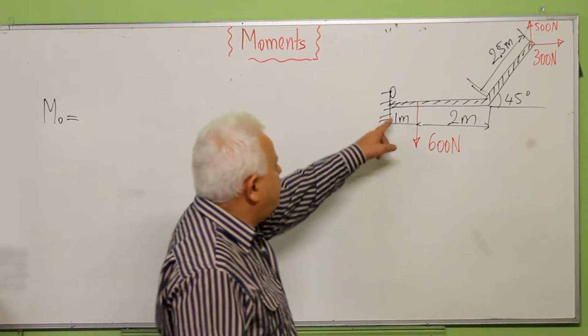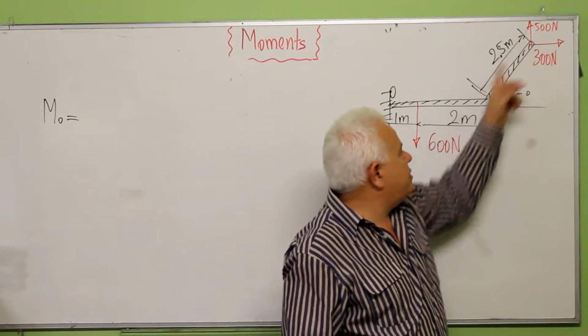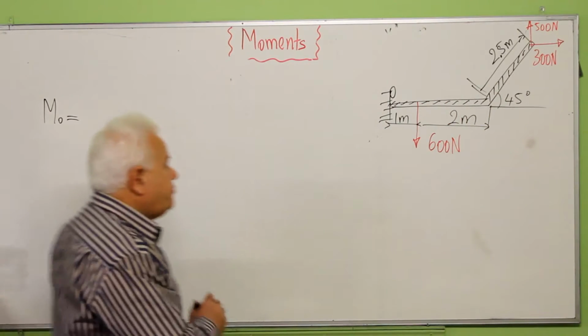I repeat, principle of moments. So that means I have to calculate the moment of this force about O plus the moment of this force about O plus the moment of the 300 newtons about O.